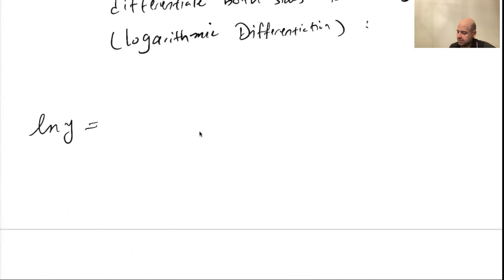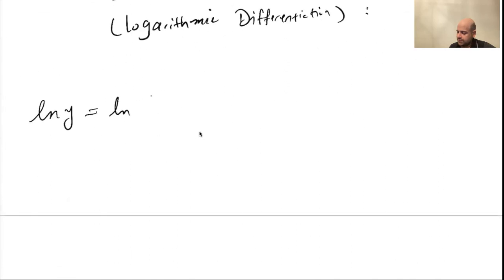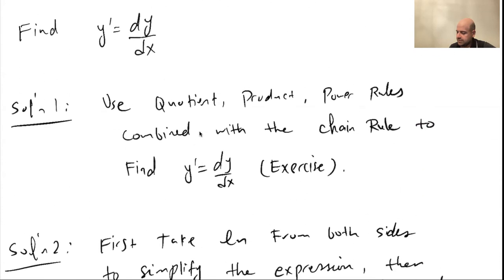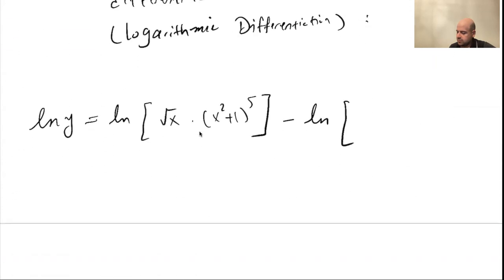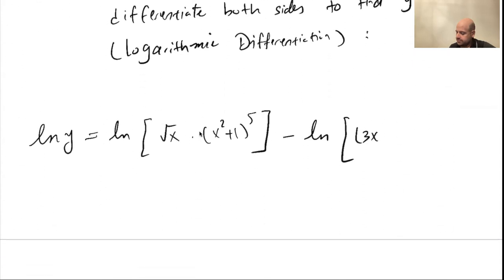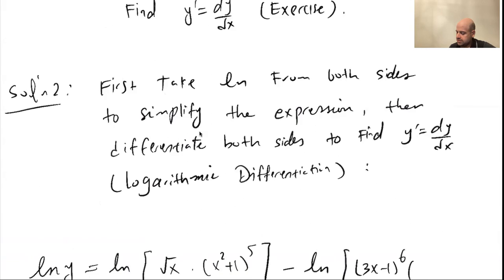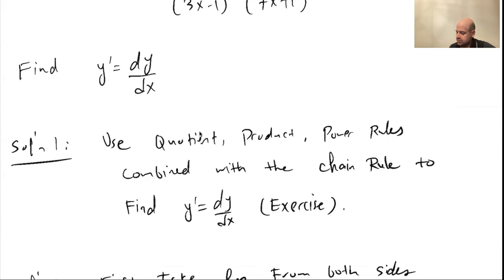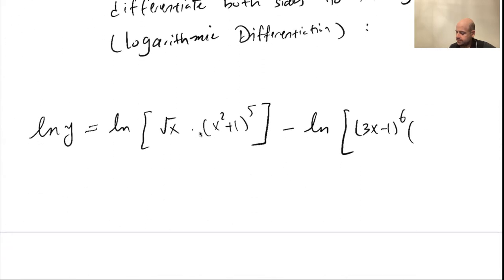So I can write this one as ln of root x times x squared plus 1 to power 5, minus ln of bottom. So bottom is 3x minus 1 to power 6 times 7x squared plus 1 to power 8.